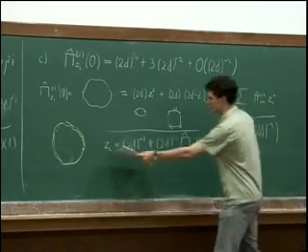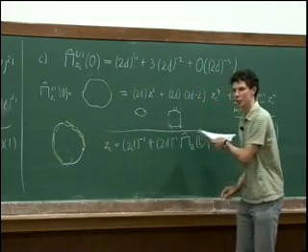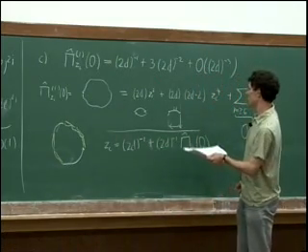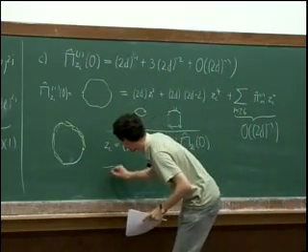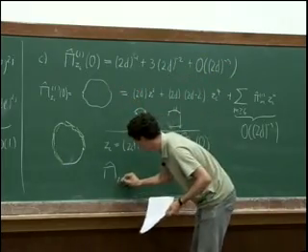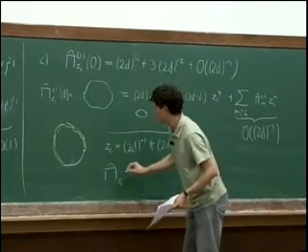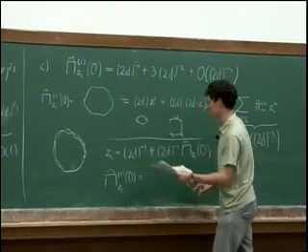So we know that ZC is (2d)^-1 plus O((2d)^-2). So plugging that in here gives us an estimate for pi hat 1.